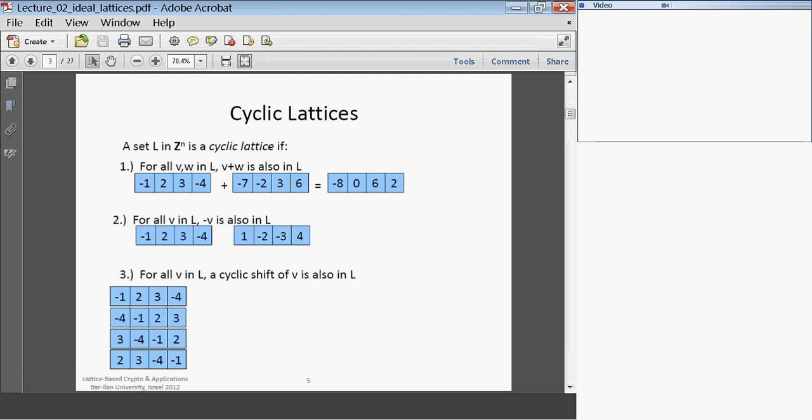As you can see, we move -4 here, and then everything pushes either -1, -2, and 3. So here you operate in a cycle.